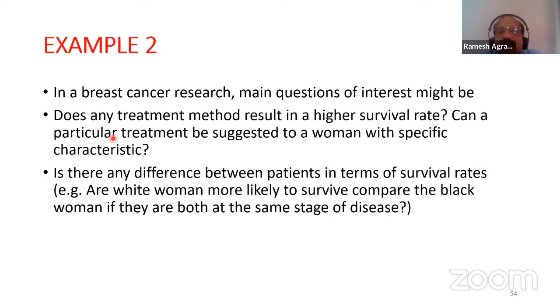Are white women more likely to survive compared to black women if they are both at the same stage of disease? What is the probability that at stage 1 a person can live longer than 70 years, longer than 80 years? So you can think about analyzing such things once you have collected the data.